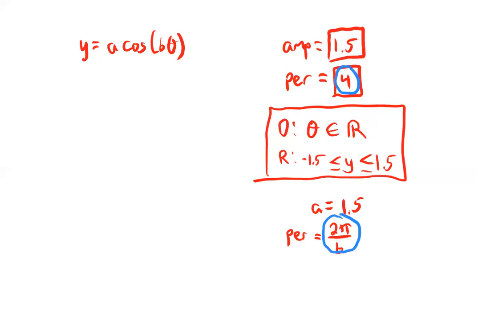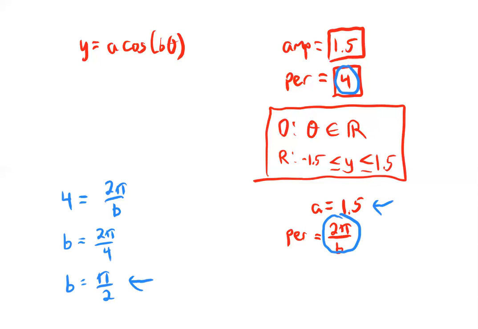So I can set those two things equal to each other: 4 equals 2 pi over b. I can switch the 4 and the b. When I simplify this, b is going to be pi over 2.